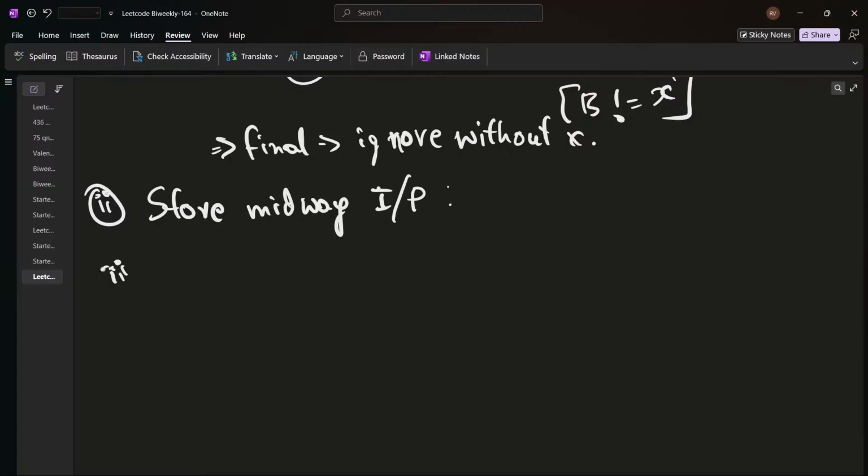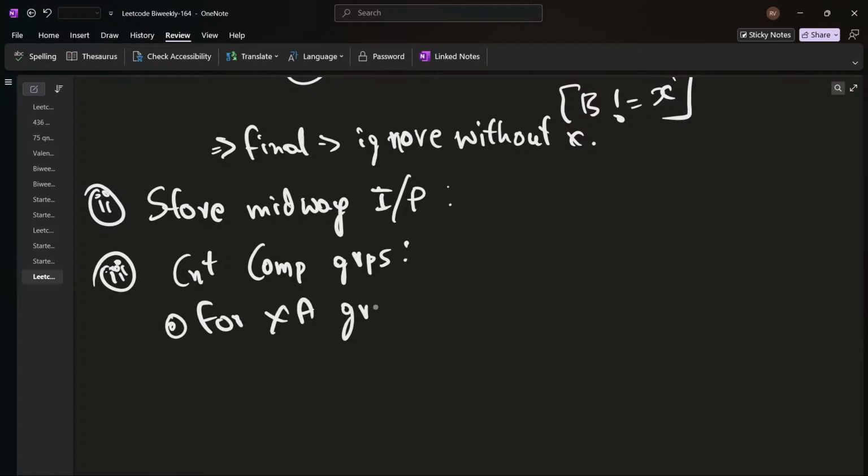And then in our third step, what will we do? We'll count compatible groups. How will we do it? For the XA group, first we'll take the XA group.